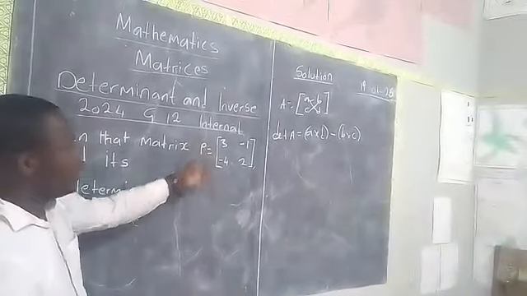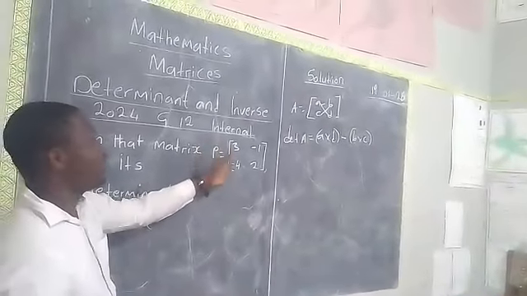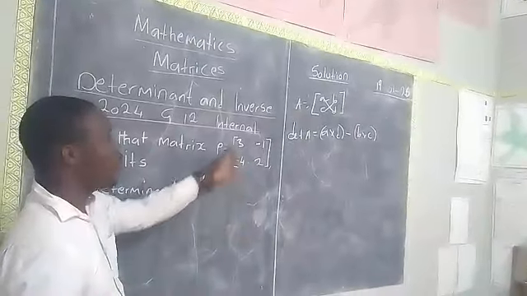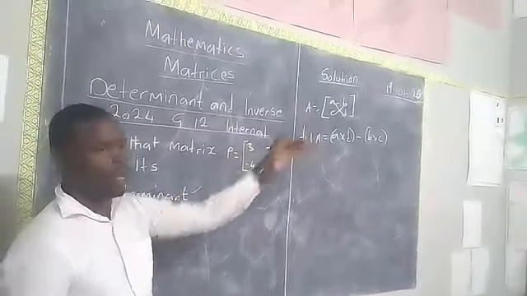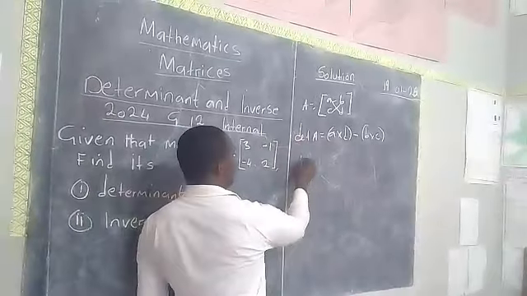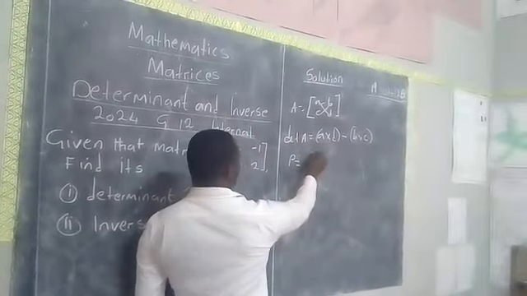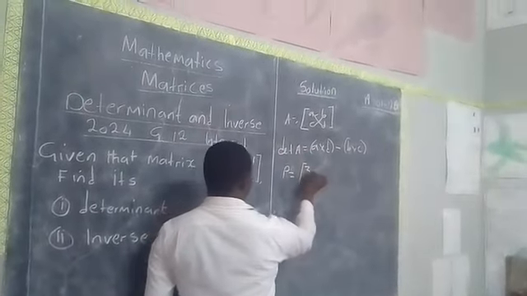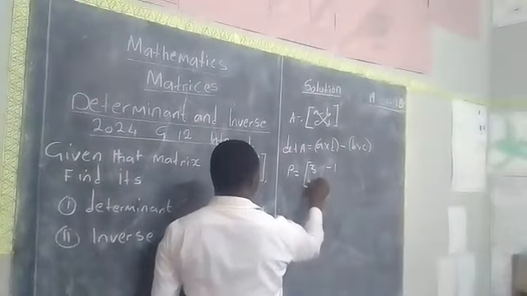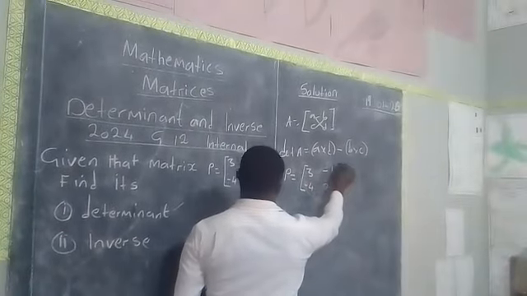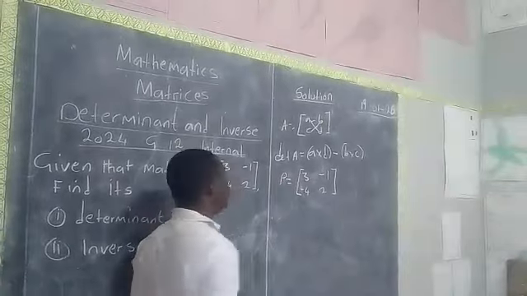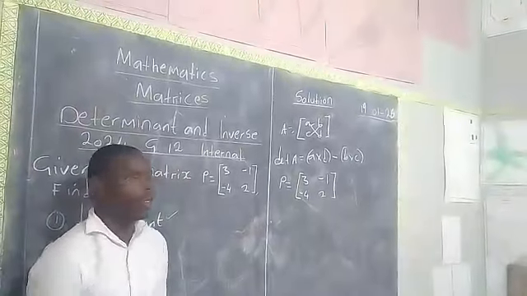Here's the question. We are trying to find the determinant of this matrix P. So let us copy this question and put it there. Therefore, P is equal to 3, negative 1, negative 4, 2. How do we solve the determinant here?